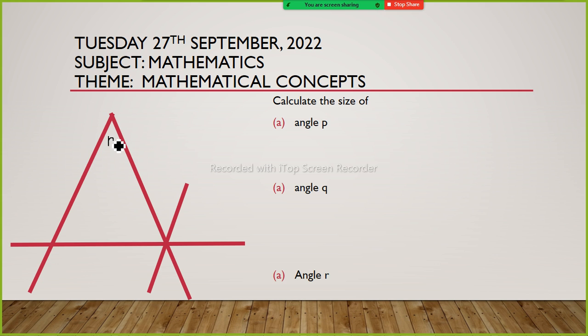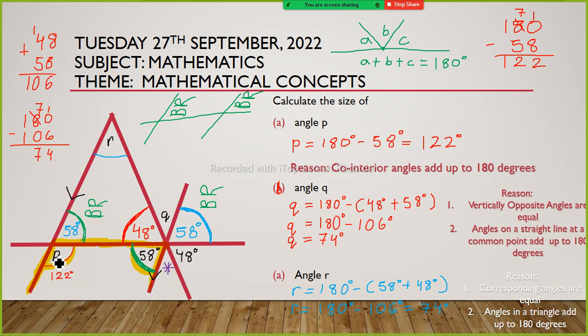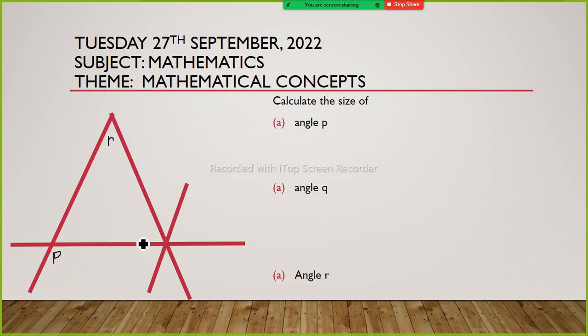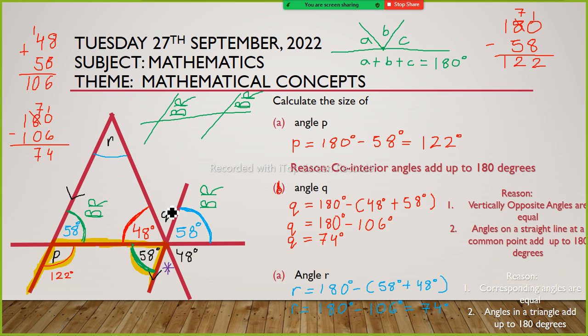So we call this angle R. We're going to call this P, and we're going to call this one Q. So P, R, and Q. Can you go back please so I can screenshot, because I can't get it.